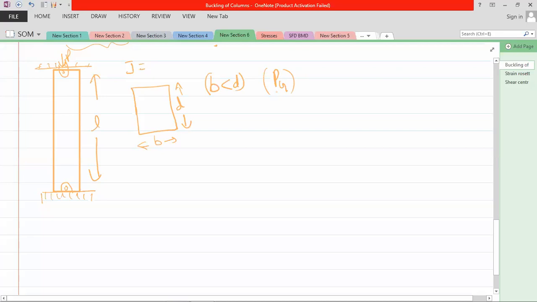Now you know the formula, you know the boundary conditions. P critical is equal to pi square EI upon LE square. For LE equal to L, P critical is equal to pi square EI upon L square. So you know length, you know E.